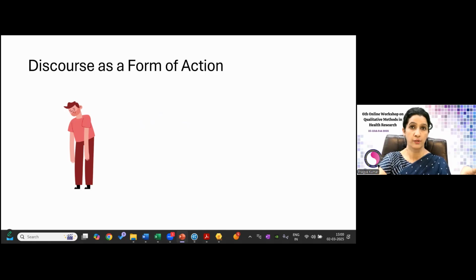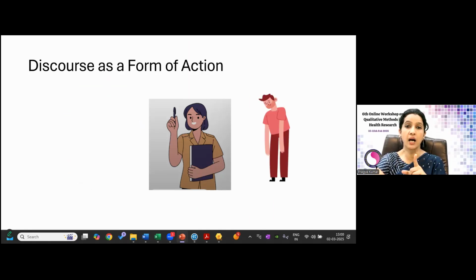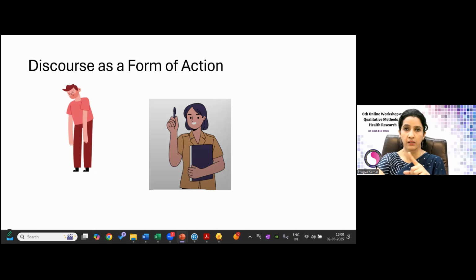In the form of action, if someone is at an authoritarian level, commanding our action, he or she thinks that the patient has to behave the way I say. So this is more of a power.